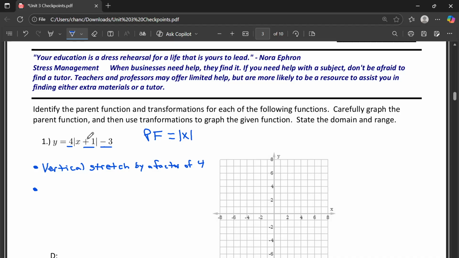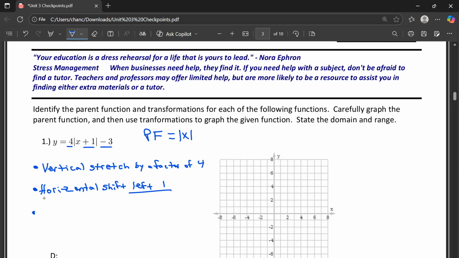A plus one, normally people would think, oh, well, to the right on the number line is positive, so it's going to the right. Well, this one's actually backwards of what you might think from that operation, so this is actually going to the left. So we have a horizontal shift to the left one. If you just say left one, that's fine.